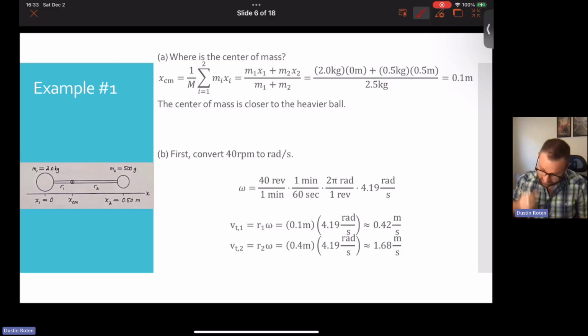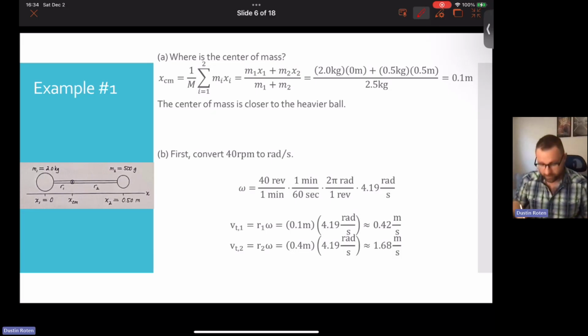Here's my setup. Since this is all just in the x direction, essentially a bar with some masses on the end, we only have to think about calculating the x component of the center of mass. If one of these objects was way up high or down low, we would need to do both. But because they're all on the same plane here, we can just calculate the x coordinate for the center of mass.